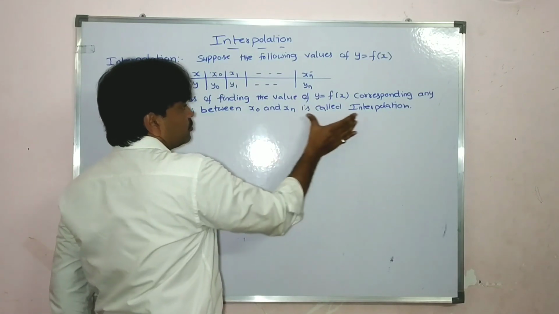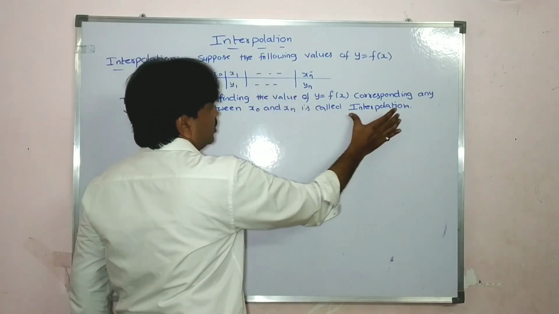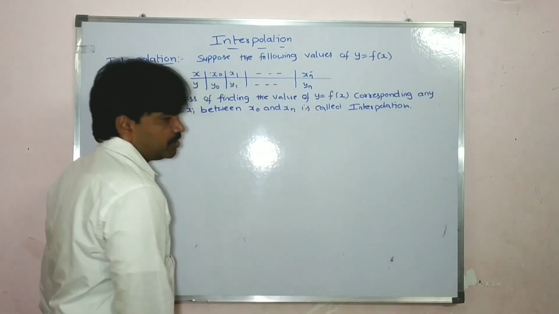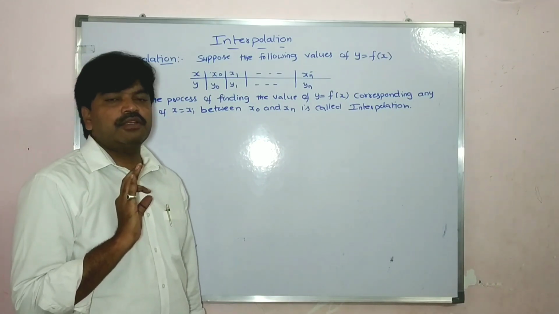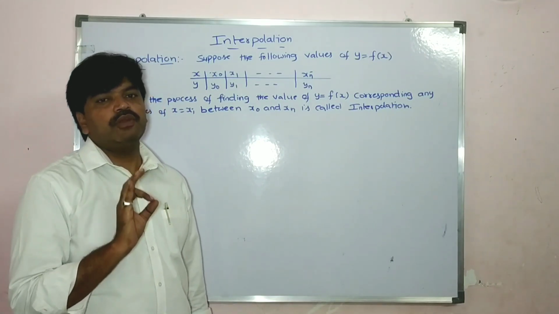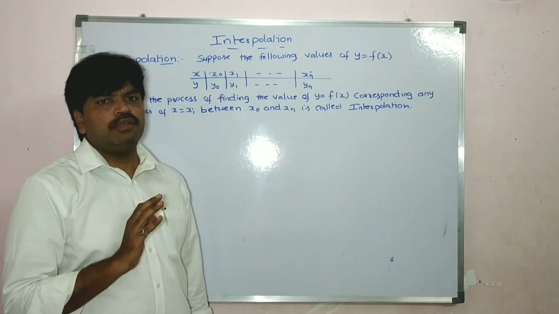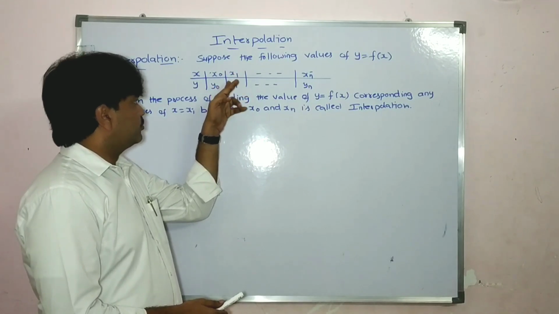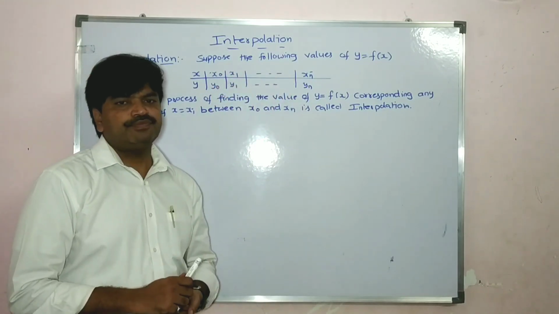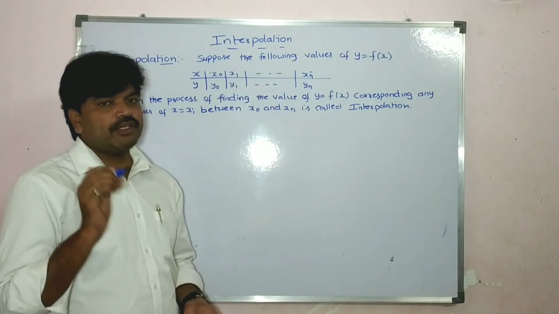This process is called interpolation. Still, most of the people are confused. We are already given x0 with y0, x1 with y1, and xn with yn. I will give an example, students.